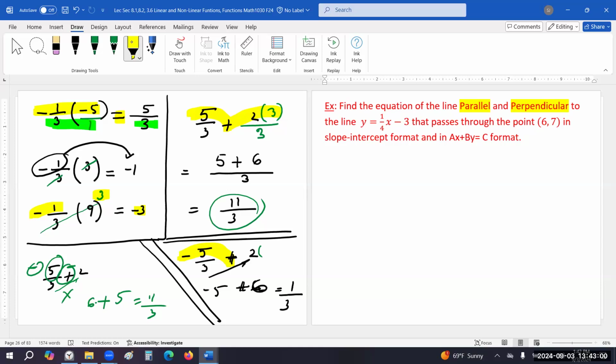Now we want to do the parallel line, so for the parallel line the information is the slope here, x1 here, y1 here. What is the slope of the parallel line?